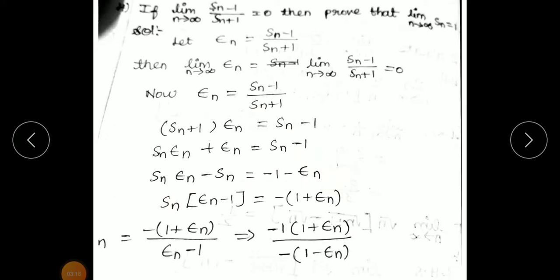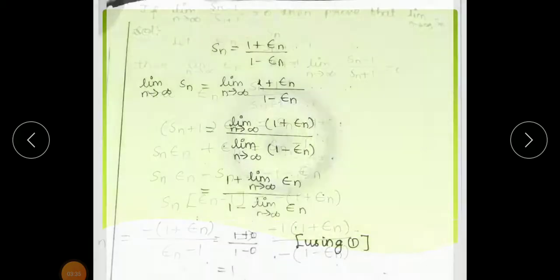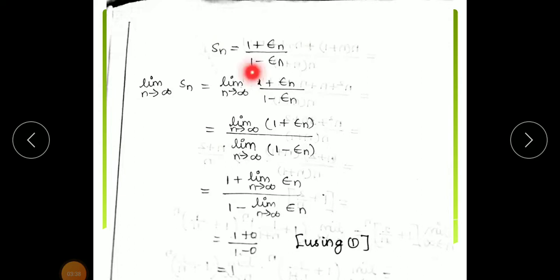So taking Sn common, Sn into (epsilon n minus 1) equals minus 1 minus epsilon n, so Sn is minus (1 plus epsilon n) divided by (epsilon n minus 1). Taking minus common, the two minuses cancel, so Sn equals (1 plus epsilon n) divided by (1 minus epsilon n). Now apply the limits.